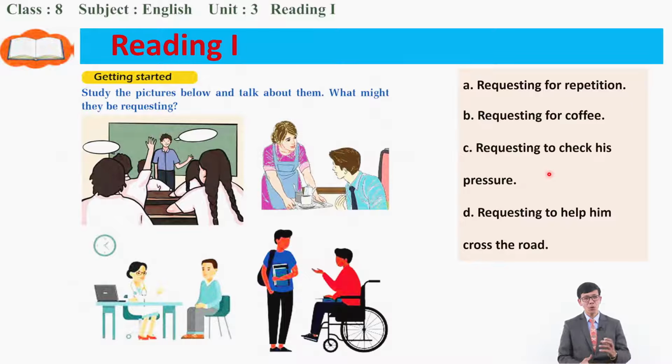Maybe the guest might be asking for coffee. And for this one, you might say requesting to check his pressure, or you can say requesting help to cross the road. So this is what you can make as a possible guess for these pictures.